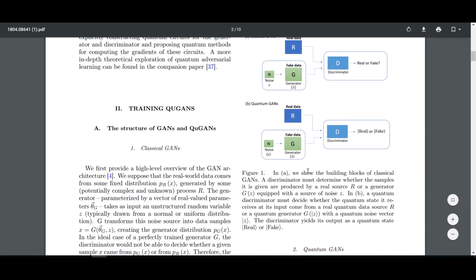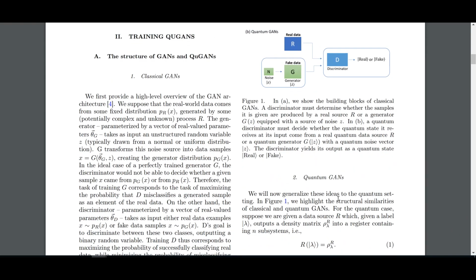In A, we show the building blocks of classical GANs. A discriminator must determine whether the samples it is given are produced by a real source or a generator with whatever noise Z. I guess this is used to then make the generated data look a bit more real.